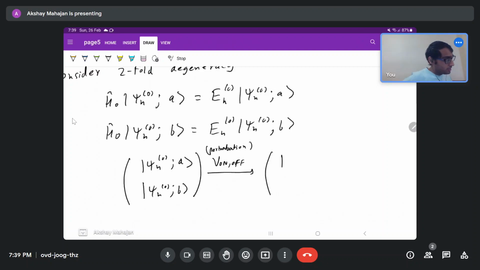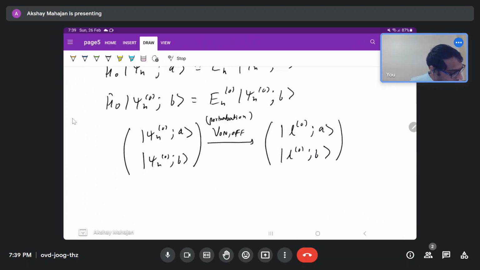Similarly, we can say that our state goes to some state L of the zeroth order A, and this will go to some L0B. And these will be restored, as has been said in the class.